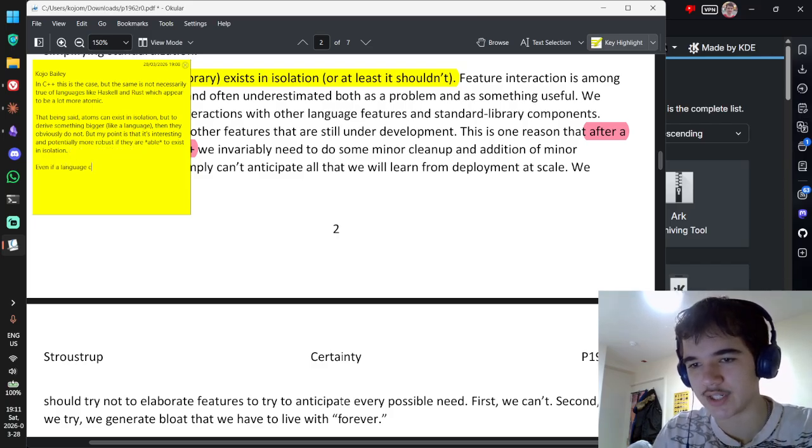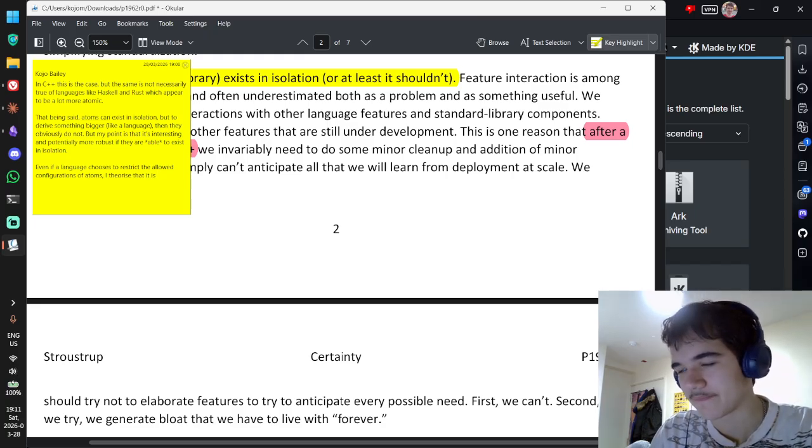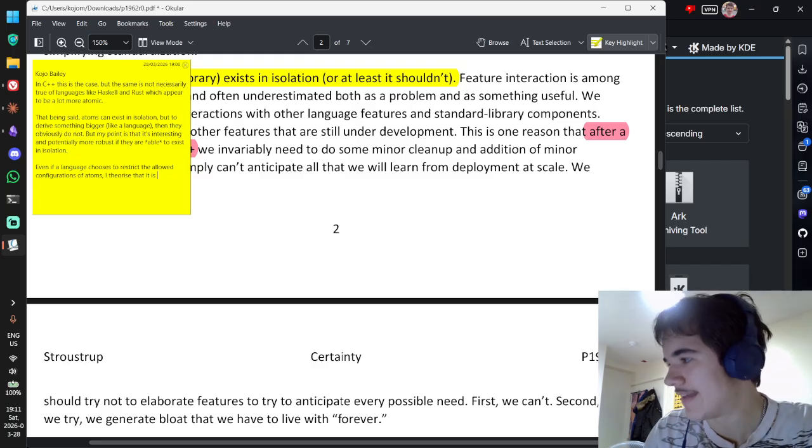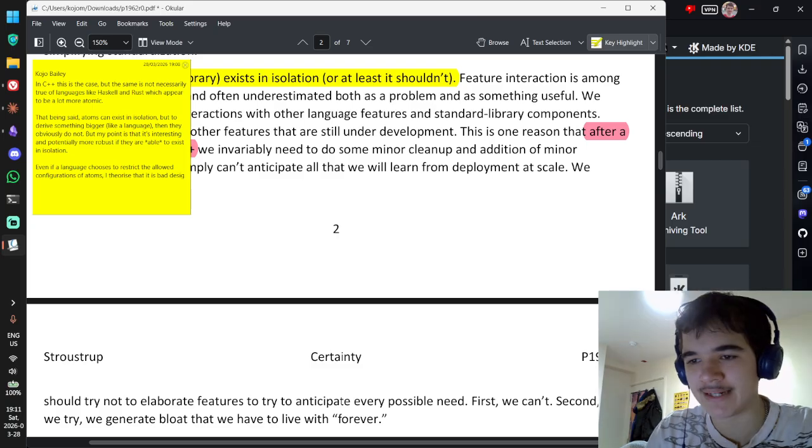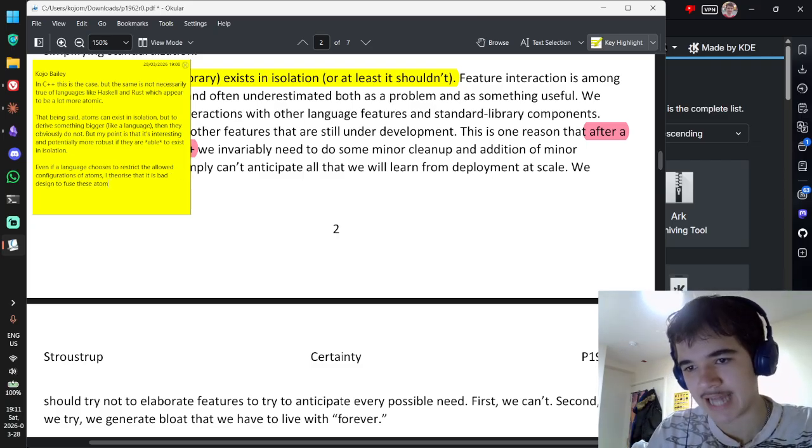Even if a language chooses to restrict the allowed configurations of atoms, I theorize that it is bad design to fuse them in implementation.